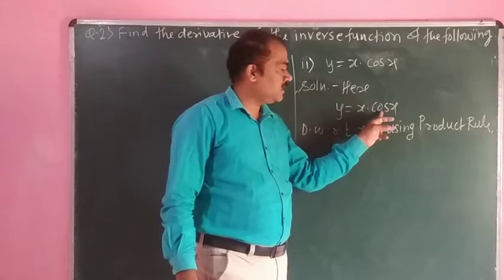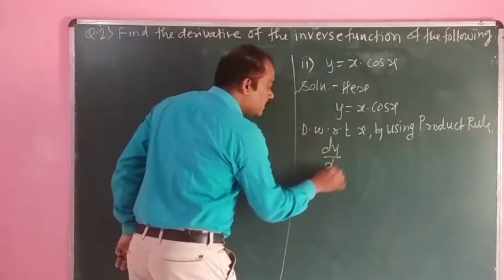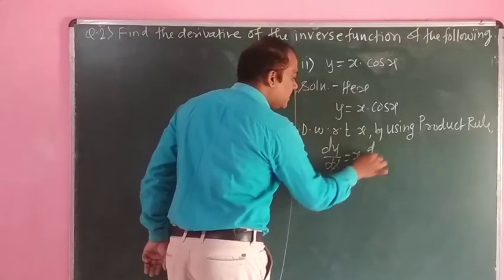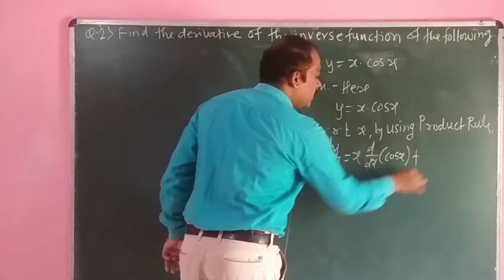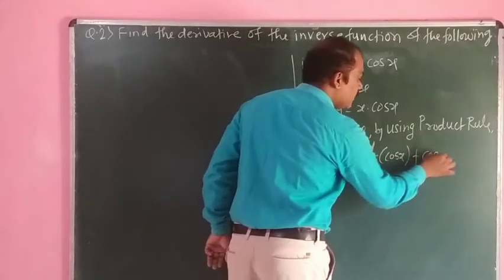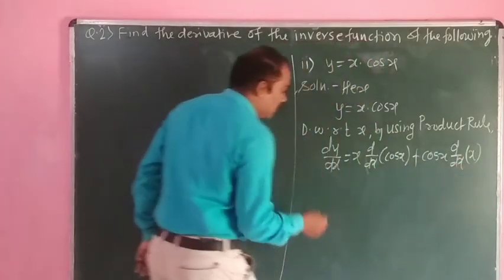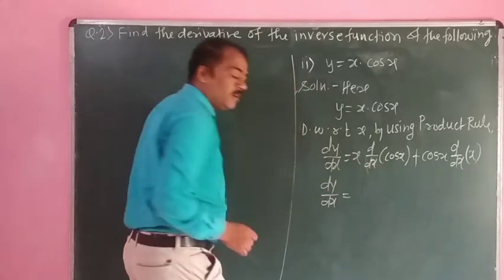This one is the first function, this one is the second function, so that dy by dx is equal to first function keep as it is, derivative of the second, that is d/dx of cos x, plus second function as it is, derivative of first. So that dy by dx is equal to, what is the derivative of cos x?